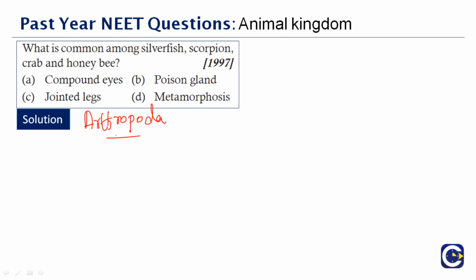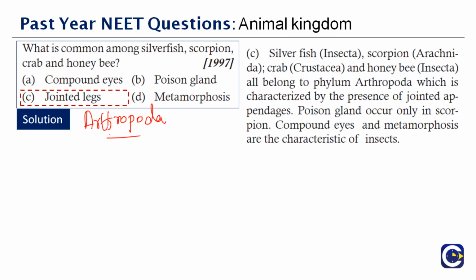Therefore, the correct answer is option C, jointed legs. Poison gland occurs only in scorpion, while the rest do not have. Compound eyes and metamorphosis are characteristics of insects, but not scorpion and crab. Therefore, the correct answer is option C, jointed legs.